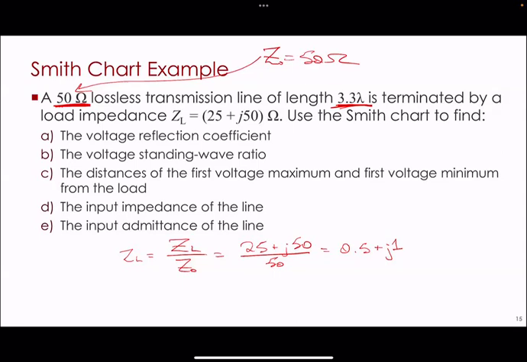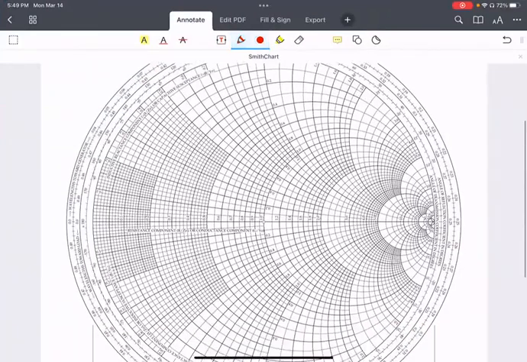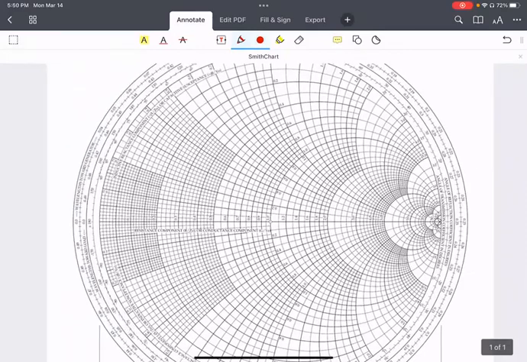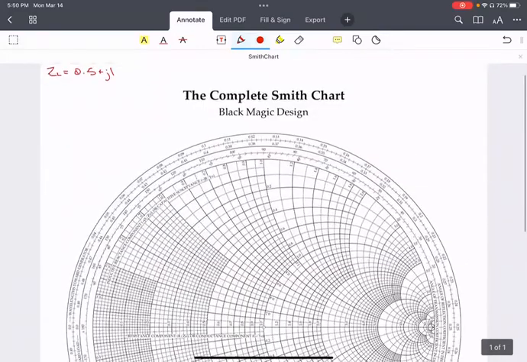Okay. So what is your first thought? You're looking at this ugly thing. It's got all these circles and lines and curves and arcs, and you've got a number, 0.5 plus j1. So what's in your head when you start this thing?